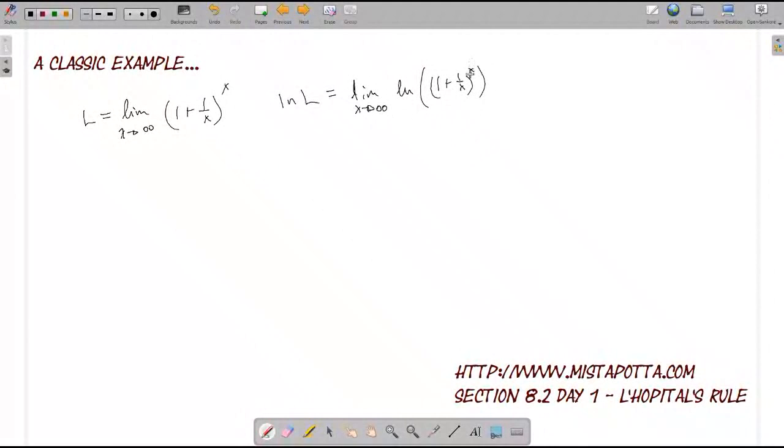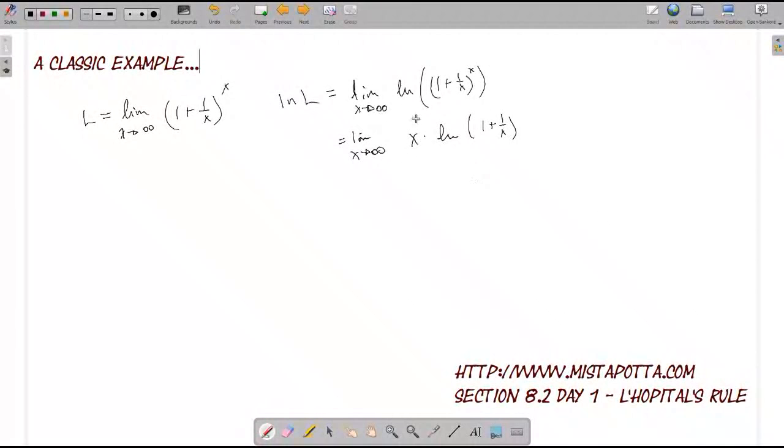And of course, the reason we do this is because we can bring the x completely outside of the logarithm. So I've got the limit as x approaches infinity of x times the natural log of (1 plus 1 over x).